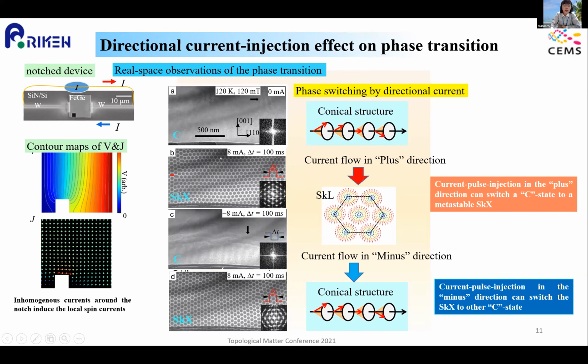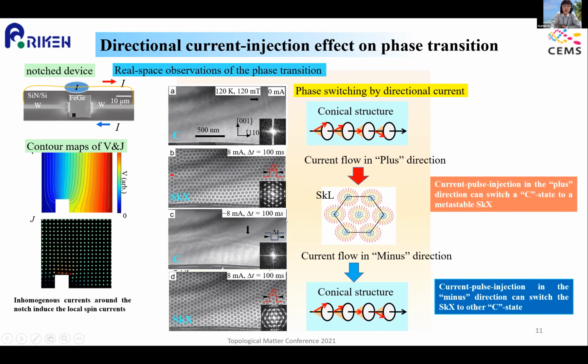You can clearly see this skyrmion crystal, this skyrmion lattice, completely replace this conical state. It means this plus current can trigger the phase transition from the non-topological state to the skyrmion phase.